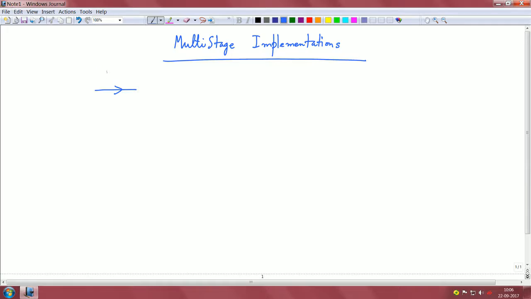So let us start with some schematics here. I have a sample discrete time signal. Let us say the sampling frequency at the input is f0, and at this stage we are filtering, so we are preserving the sampling rate.